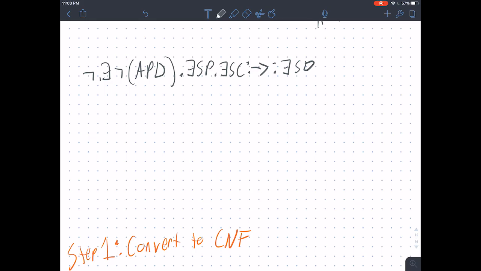So here, we're going to take this, and that goes to not P. There's a negation sign in front of this backwards E here, and because of that, we have to make sure that our P here is negated. I'm just going to group both of these because that's how it was originally, even though we don't have to.